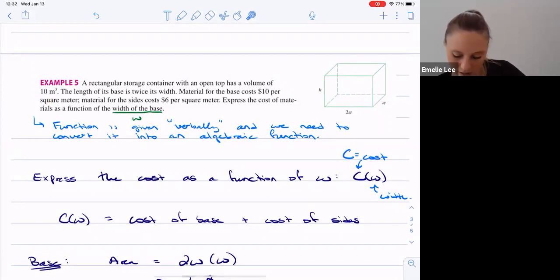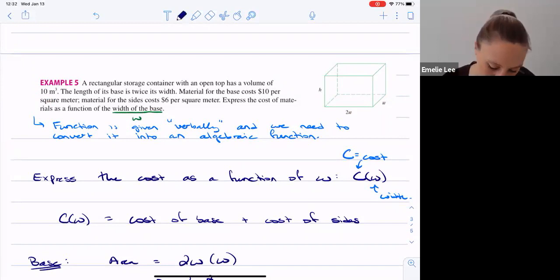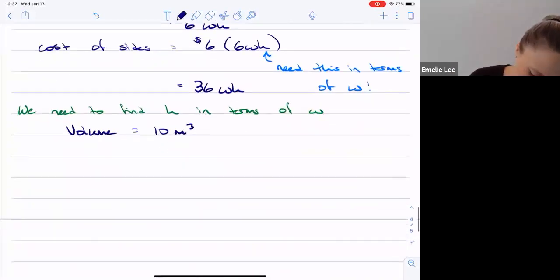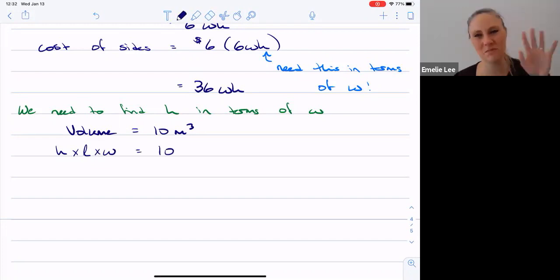So H times L times W. So I can replace the volume on the left-hand side with H times the length times W is going to be 10, forgetting about the units for a little bit.